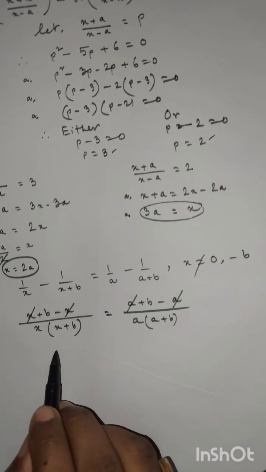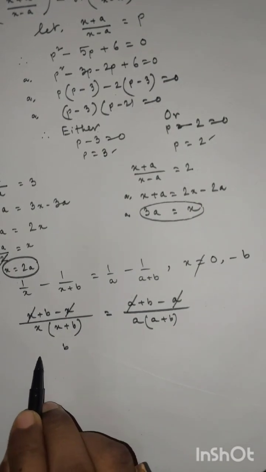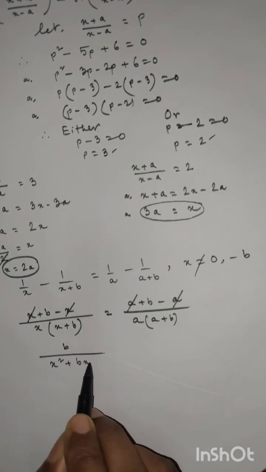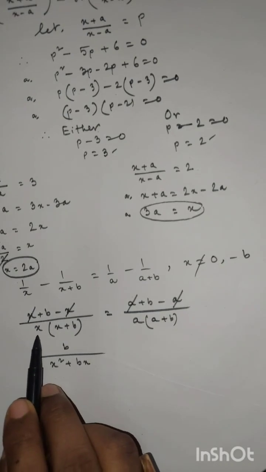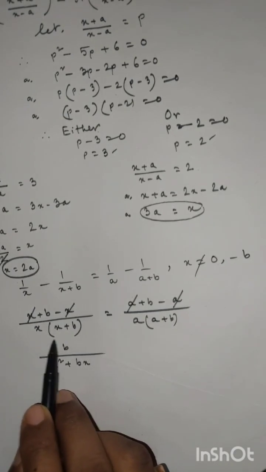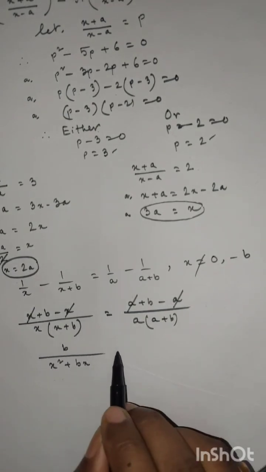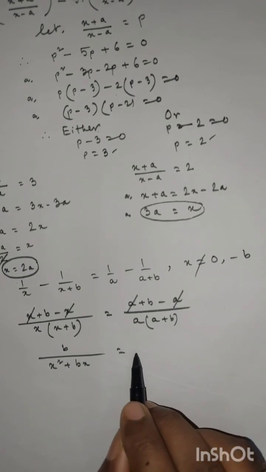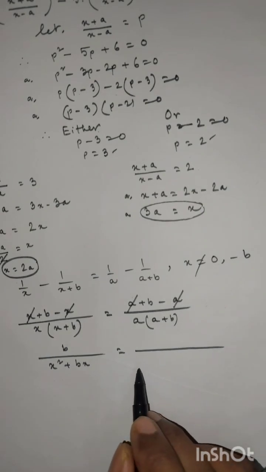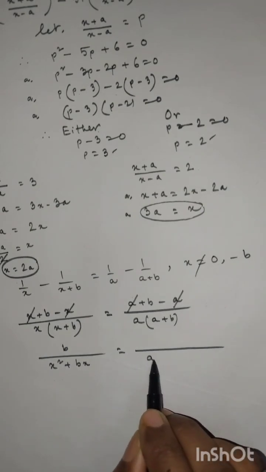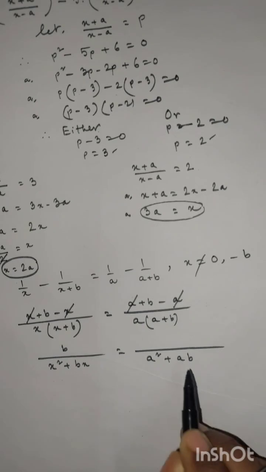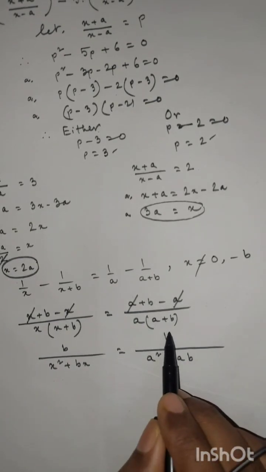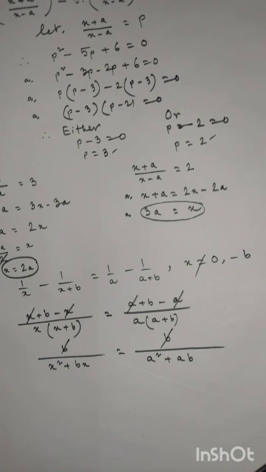Or this is b by x square plus bx. If we multiply x to x plus b, we get x square plus bx, and it is a square plus ab. So we can now cancel b from both of these sides.